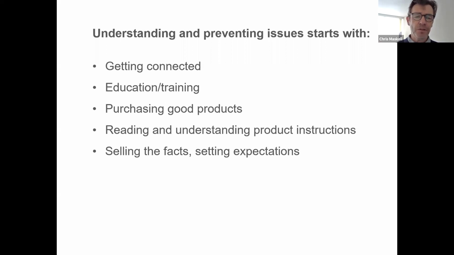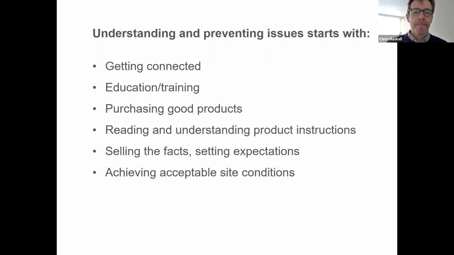You've really got to know what you're doing and be confident when you say, nope, we're not installing this week, we're installing next week because your substrate is not dry. Whatever it is. And achieving acceptable conditions is a big, big deal.